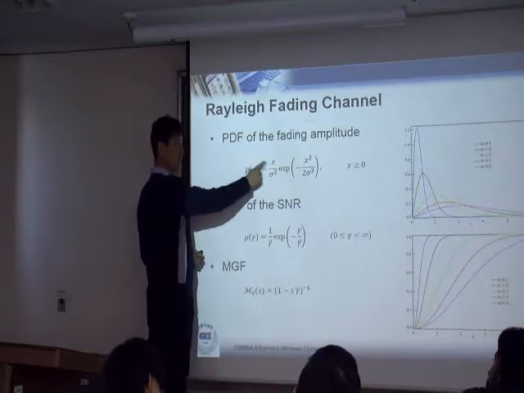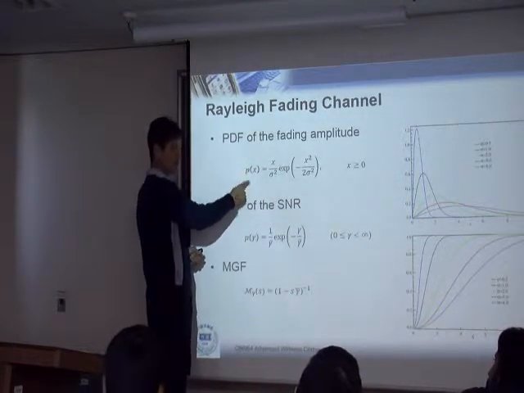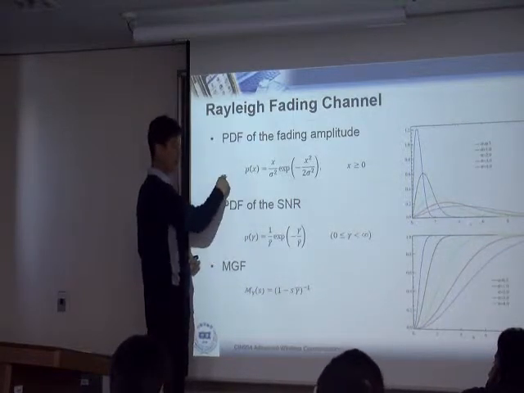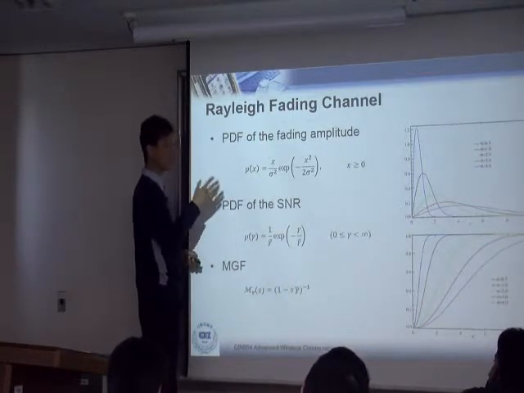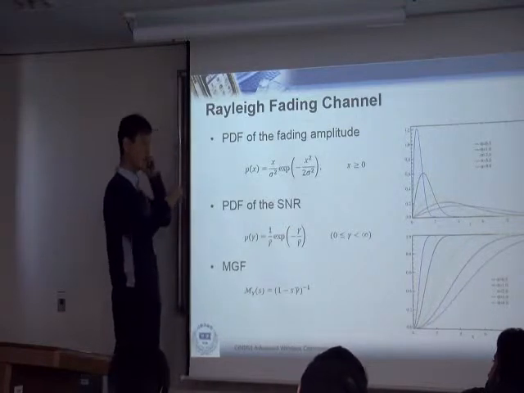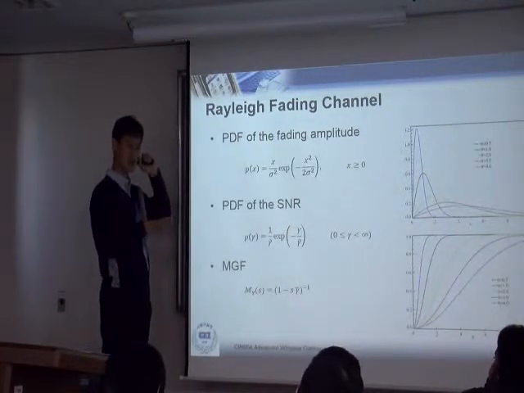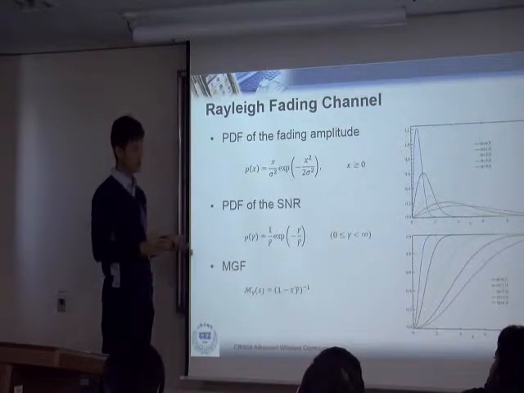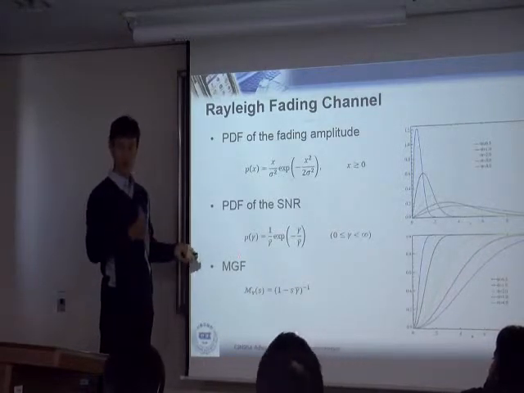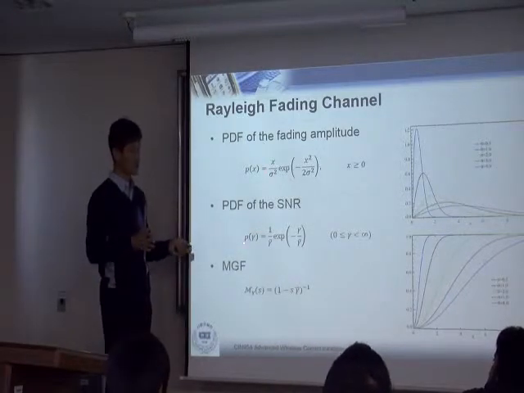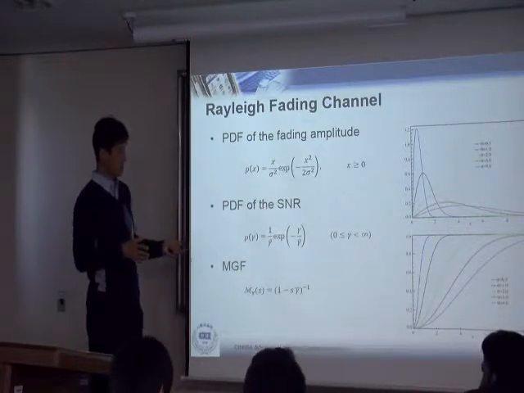This is the PDF of the x random variable, and this is the PDF of the random variable y, where y equals x squared. Then you see that y follows the exponential distribution. We talked about this one earlier, right? Yeah, so this one actually is an exponential distribution, okay? But this is the Rayleigh fading channel, and this is the PDF of SNR.